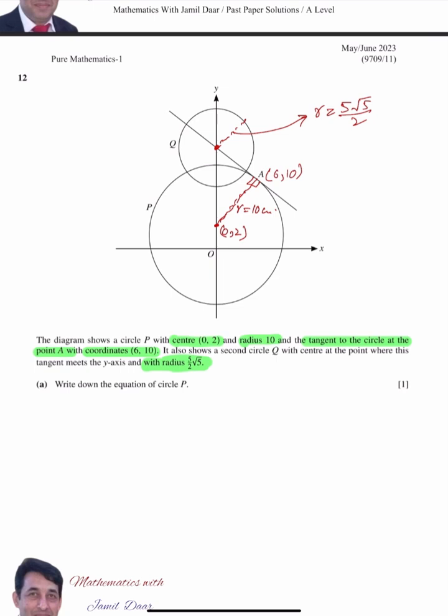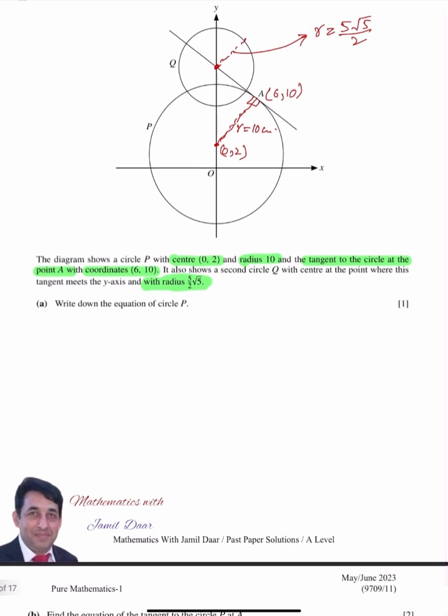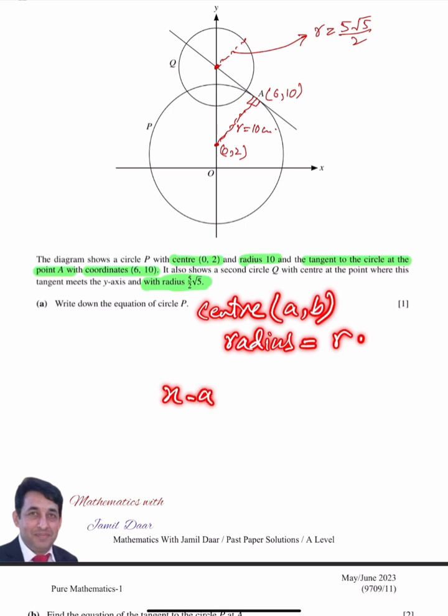Write down the equation of the circle P. You know that if the center is (a, b) and the radius of the circle is r, then (x minus a) whole square plus (y minus b) whole square is equal to r square. This is called the equation of a circle.